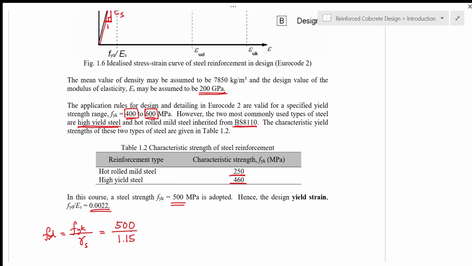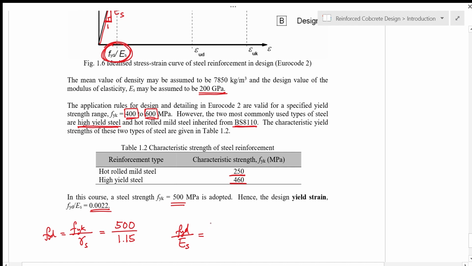If we take fyd over Young's modulus, that will give us the yield strain over here, the strain in the steel when the steel starts to yield.